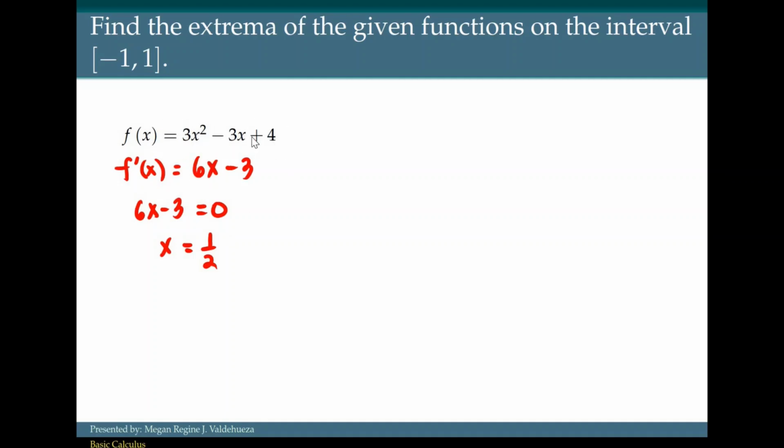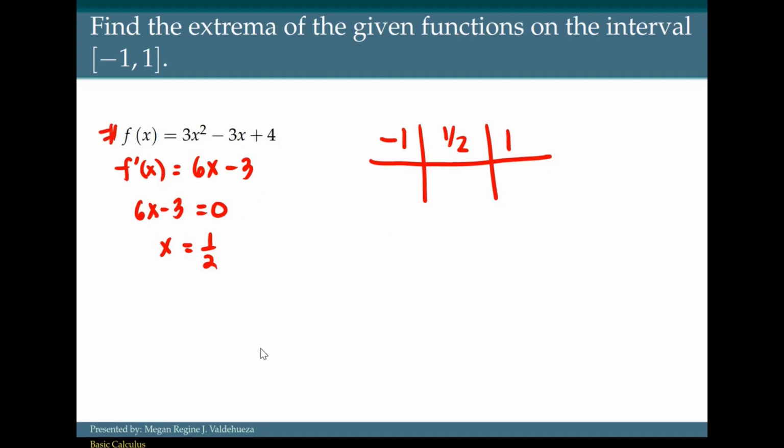This is still the previous example that we used before. So we have -1, 1/2, and 1, the endpoints and the critical point, right? So from this, the endpoints and the critical point will be substituted to the function.